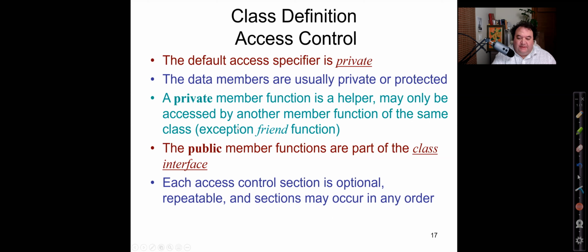The public member functions are really the interface of the class that define effectively the behavior of the class, right? You can think of that as the abstraction. So if you have complex numbers and then you define math operators, that's really the interface you use, and that's how the user will look at the class.